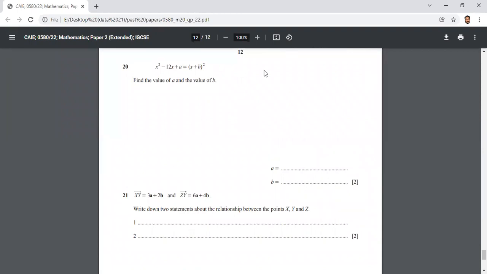I'm trying to apply this concept: a squared plus 2ab plus b squared. So let's see. Here, if we check x squared minus, well, this is minus, so you can say the second formula: x squared minus 2ab plus b squared.